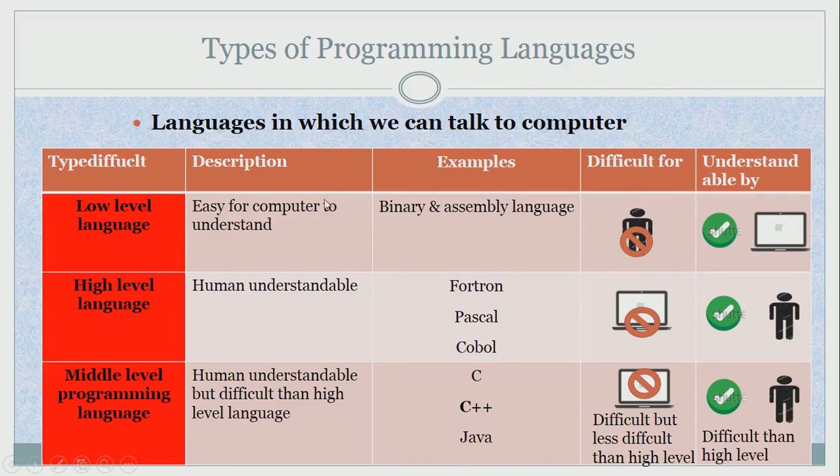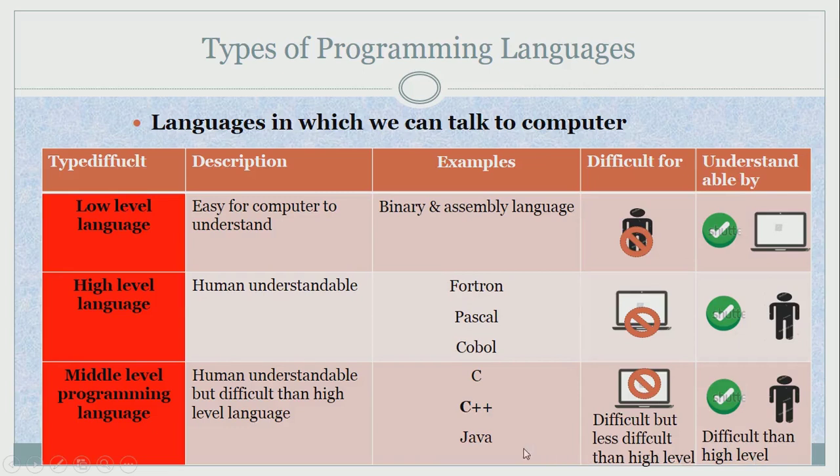High-level language, human understandable, examples Fortran, Pascal, COBOL, etc. Difficult for computers, the most difficult, and understandable by humans, the easiest for humans. Then we have the middle-level programming language, human understandable but more difficult than high-level language for humans. Examples are C, C++, Java. Difficult for computers but less difficult than high-level, and understandable by humans but more difficult than high-level.